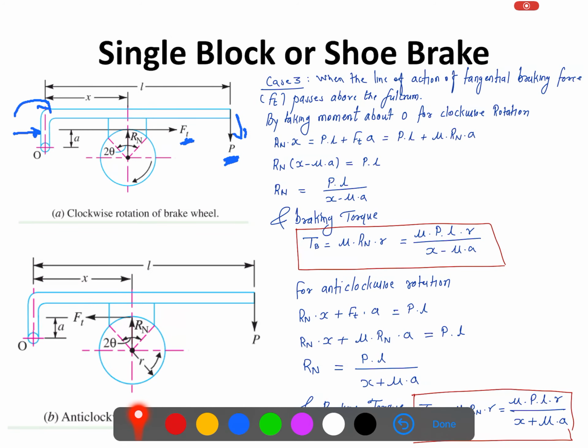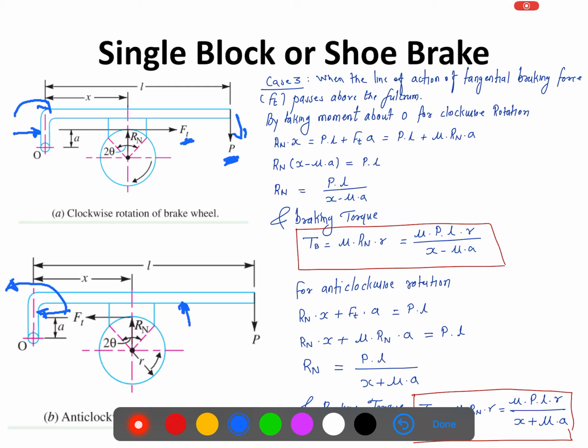And similarly for the anti-clockwise rotation, again taking the moment, now if this is anti-clockwise, Ft will act in this direction, and because of that this lever will be going in the upward direction because of this moment.